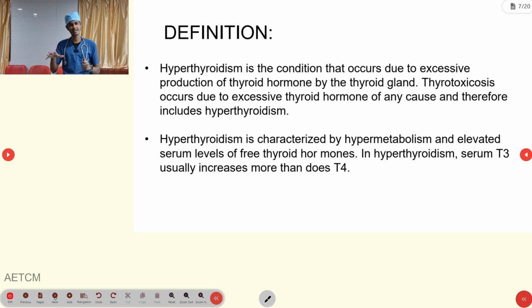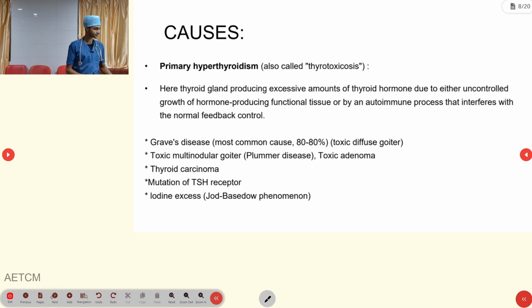In hyperthyroidism, everything will go high: heart rate, respiratory rate, and metabolism, along with growth and developmental changes. If the calcitonin level increases, the calcium level will also increase. Everything goes high because of the higher thyroid hormone level in the body. So that is a metabolic emergency.